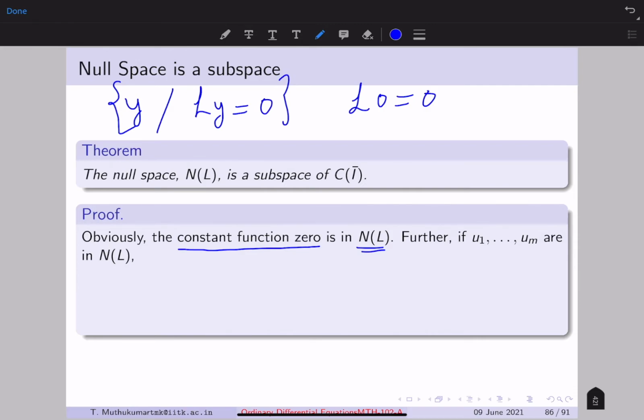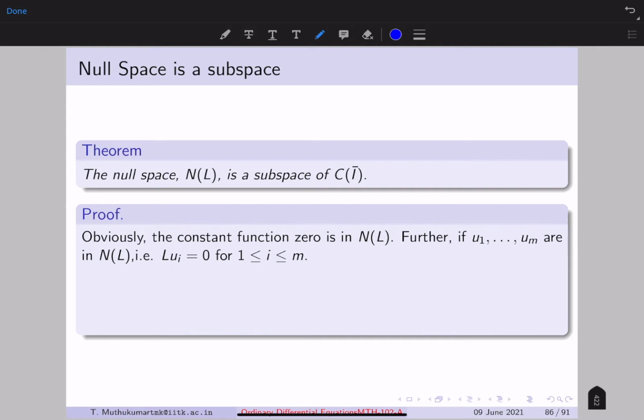So the constant function 0 is always in the null space. Now further, if you choose m different functions which are all in the null space, then consider their linear combination. Since they are all in the null space, for each ui, Lui is 0. Then applying L to the linear combination and using the linearity of L, you get a sum in which each term is 0.